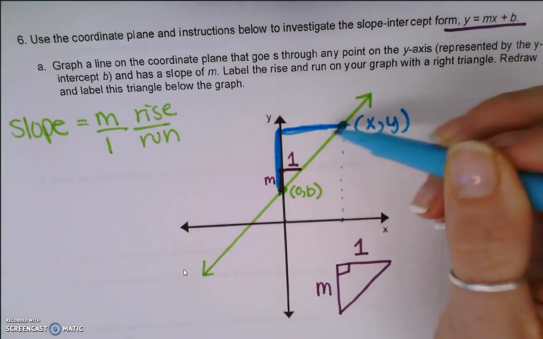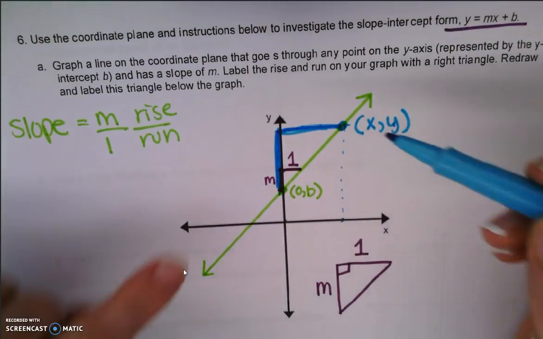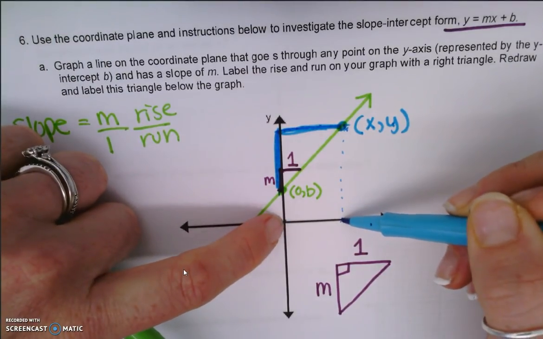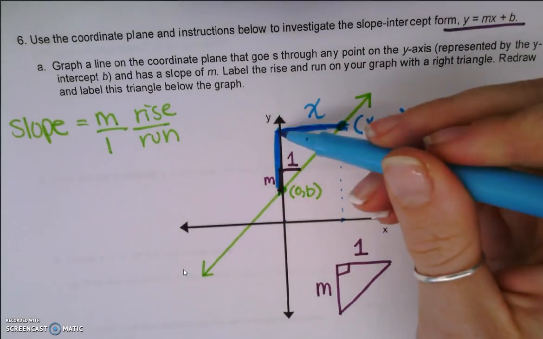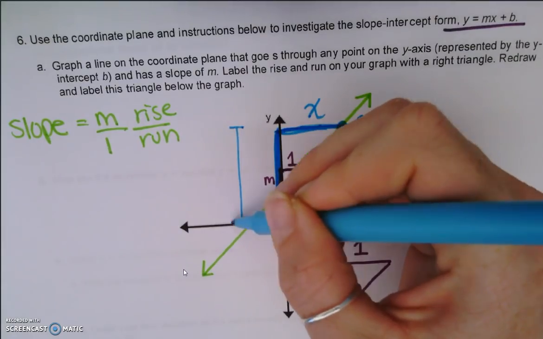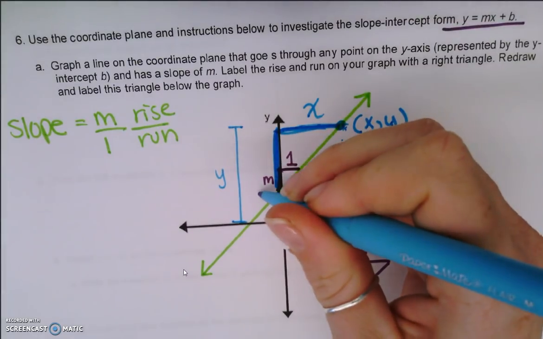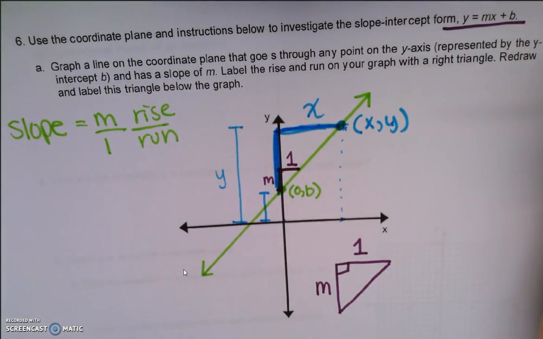The run of my right triangle, that's the easier one, so I'm going to do that first. This distance from here to here is the same as from the origin to x, which is x, so my run is x. Now I need to figure out this rise. Well, I know from the origin to my y value is y, and I know from my origin to my y-intercept, what's my y-intercept?